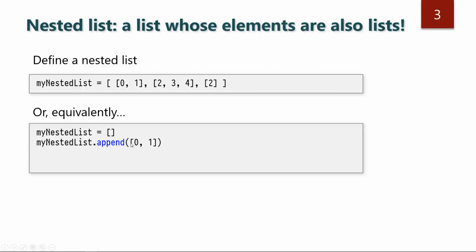So append, but what we append to it is not a single item, but a list. Okay, but this list is treated as a single item. From the mother list's point of view, it's just a single item, even though when we look into the content of the item, it turns out to be a list. From an outer point of view, it's just one single item.